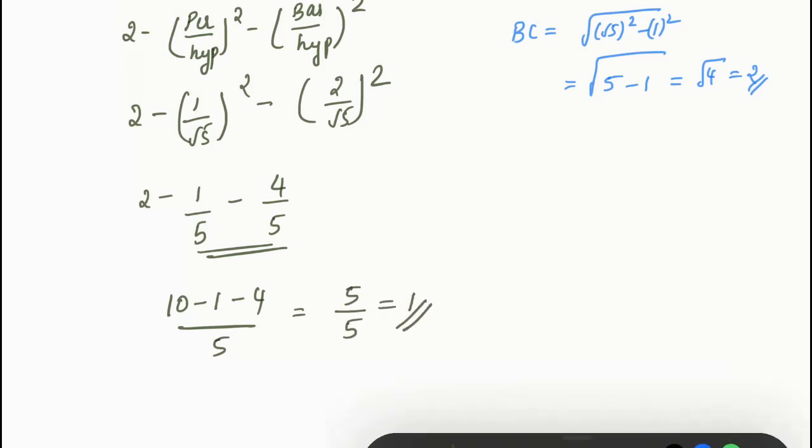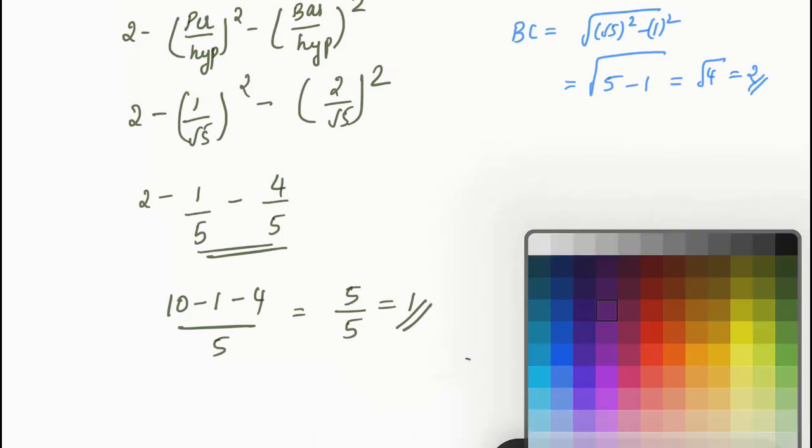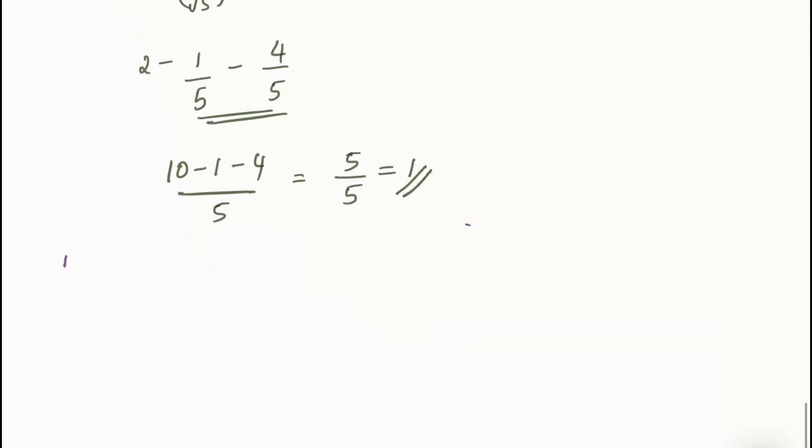Okay. Now let me do the second sub question. What's the second sub question we have? Look at the second sub question. 2 plus 1 by sine square theta minus cos square theta by sine square theta.